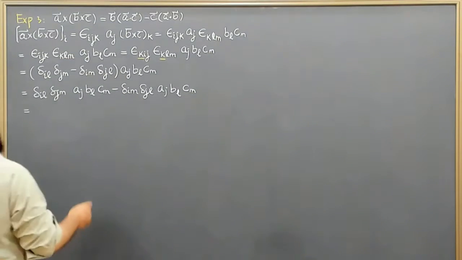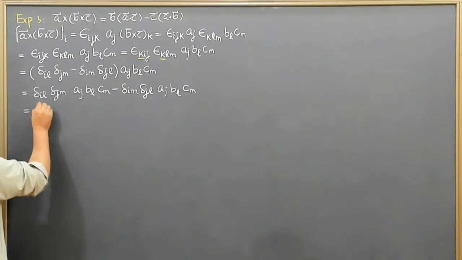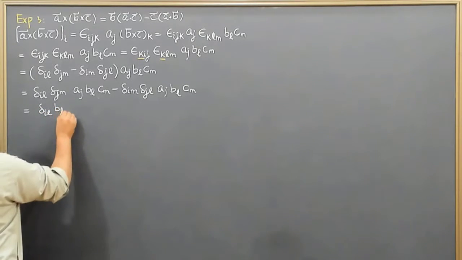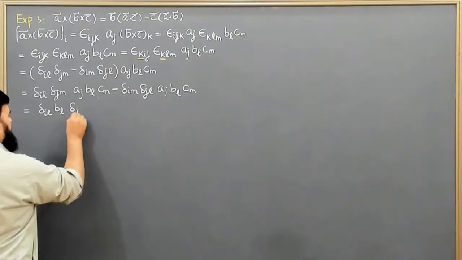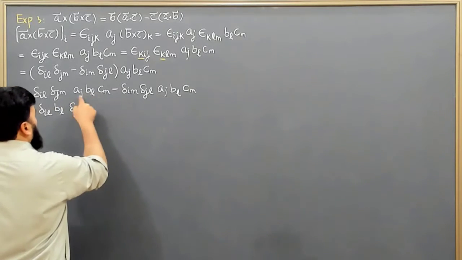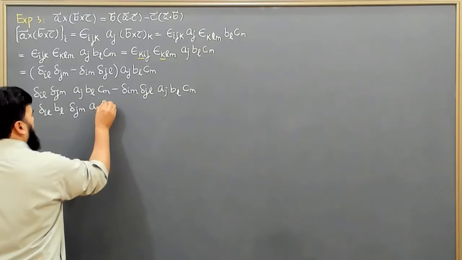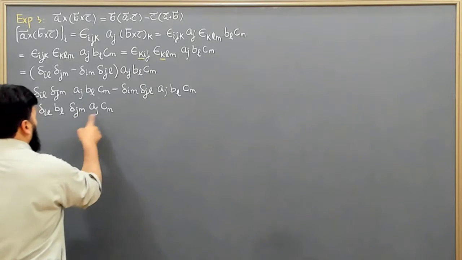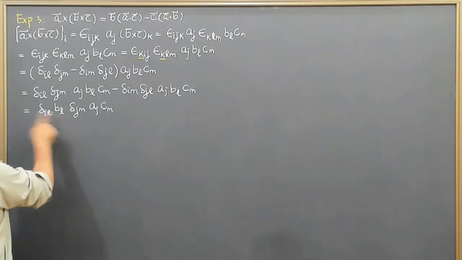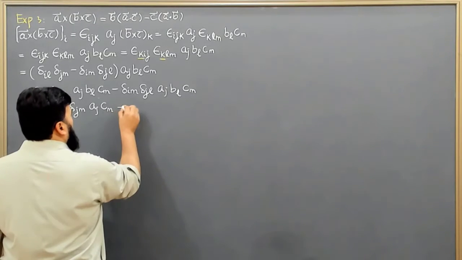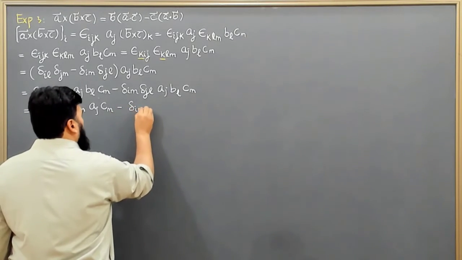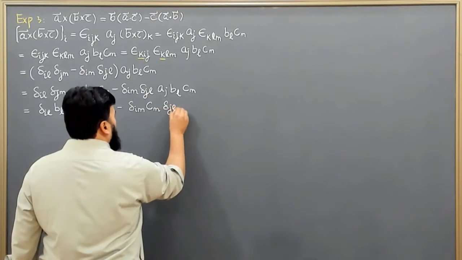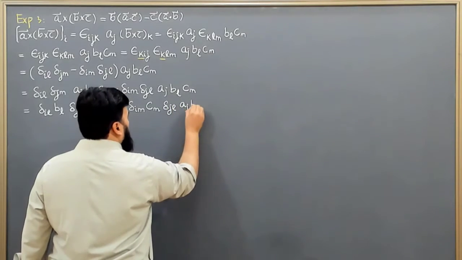Let's say I write it like this: delta il and I write B_l with this, and then delta jm and A_j and C_m with this. So I have split it like this. Similarly here I write delta im and then C_m, and I write delta jl and A_j B_l.